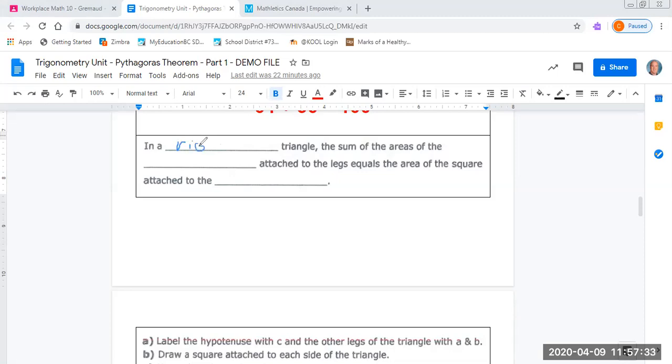So in a right triangle, the sum of the areas of the squares attached to the legs equals the area of the square attached to the hypotenuse. This is a key term, the hypotenuse, so please remember this term. The longest side of a right triangle, the one that is directly opposite the 90-degree angle, is the hypotenuse.